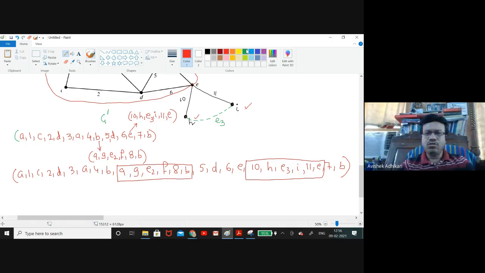Now if you are going to drop this, the new extra edges were E2, E1, and E3.